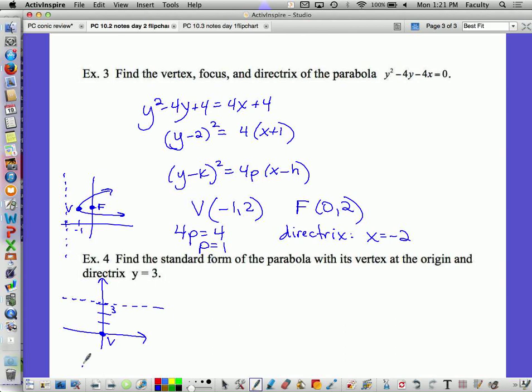It opens down. So once I know that it opens down, I'm using (y - k)² = 4p(x - h). I know p will be negative, and p is the distance either from the vertex to the focus or the vertex to the directrix. Would it be x minus?